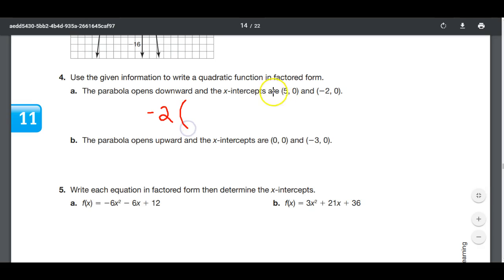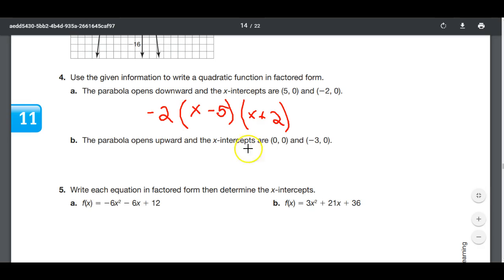And I'm going to say that it has intercepts at 5 and negative 2, so it's got to be x minus 5, right? I'd make that a 0, and then we would have x plus 2, right?